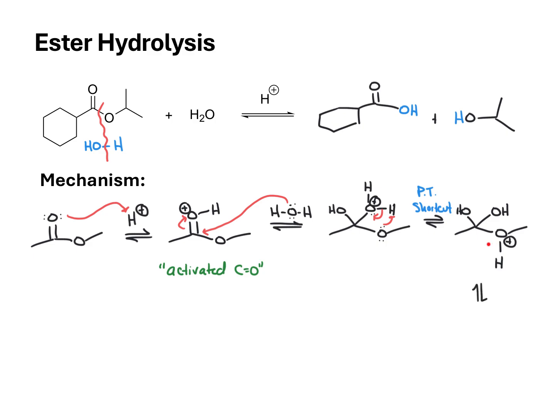Now we could just break this bond and put a carbocation here, but it's actually easier to use one of the lone pairs on the oxygen and assist. So I can use this lone pair. I'll push that down, and that helps push away our leaving group. So we get the leaving group that's lost, HOCH3, and I have this protonated carboxylic acid.